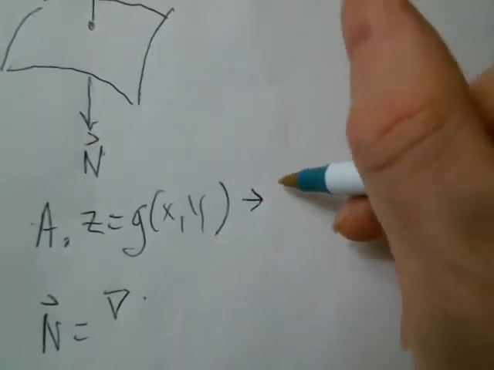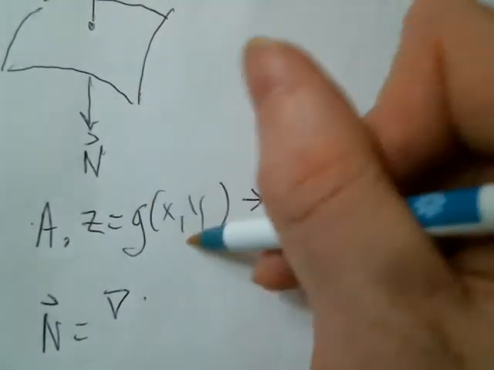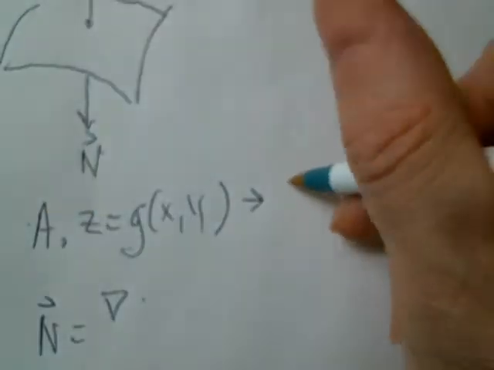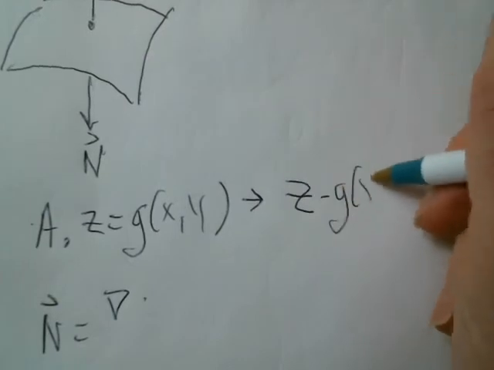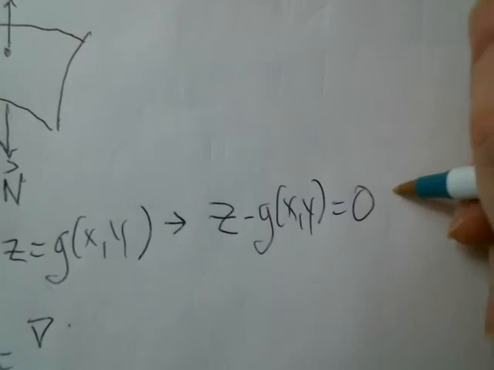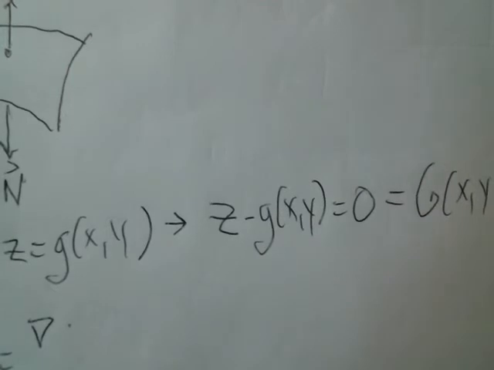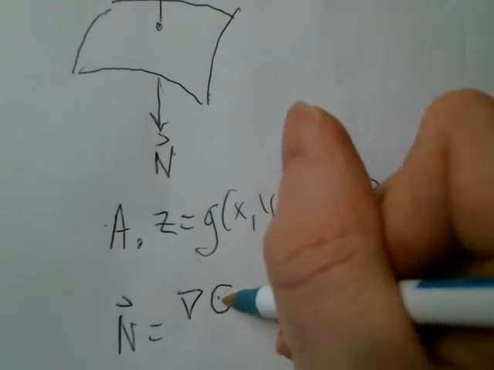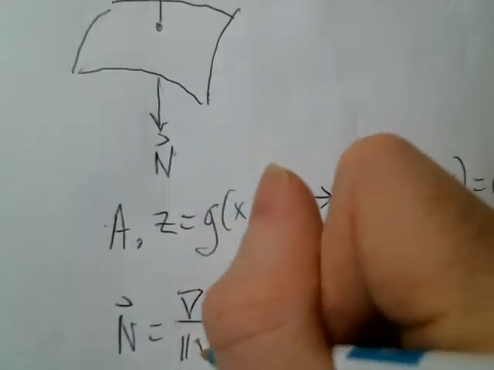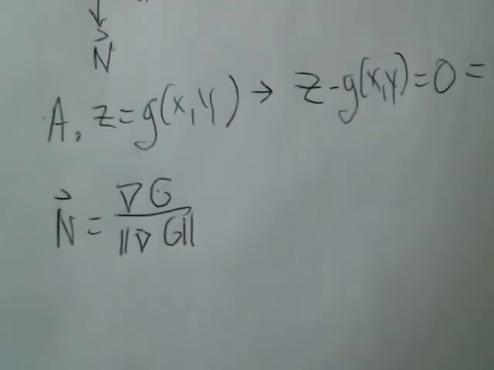So I'll rewrite this by subtracting this function onto the other side. So I'll have z minus g of x, y equals 0, and then I'll call this thing big G of x, y, z. And then for my normal vector, I'm going to be taking the gradient of G and dividing by the magnitude of that gradient. And that does it.